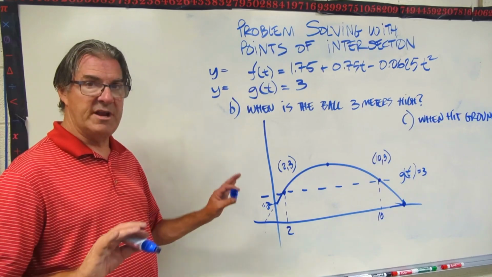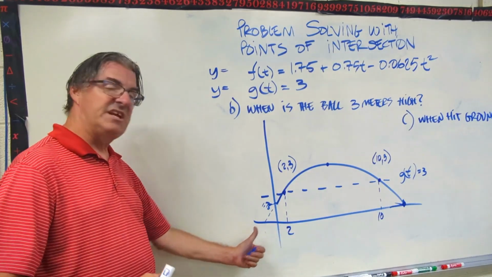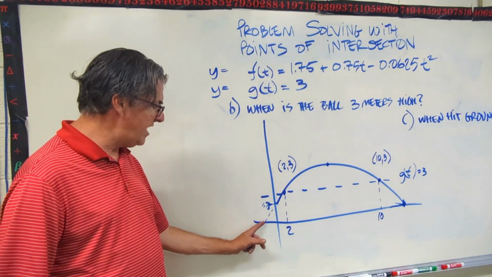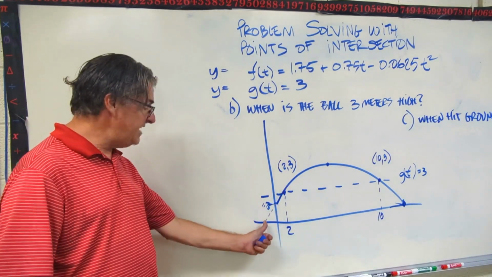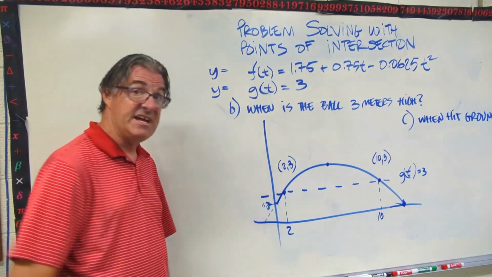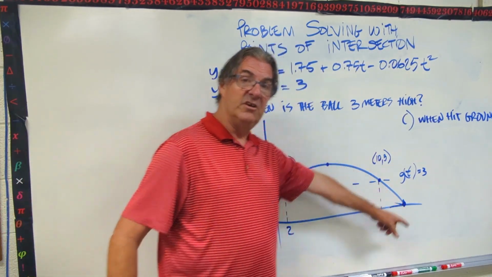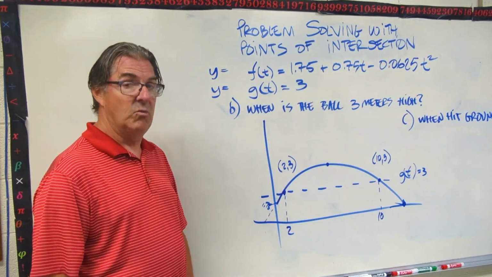Mathematically, that's totally 100% fine. The problem with that in reality is that happens at a time before we threw it, which doesn't make sense. The ball wasn't traveling up from the ground to the hand and then thrown. It started there. So that 0 isn't going to make any sense, that x-intercept. But this x-intercept is going to be the one you're after. So go ahead, find that 0 of this function and come back and tell me what you got.